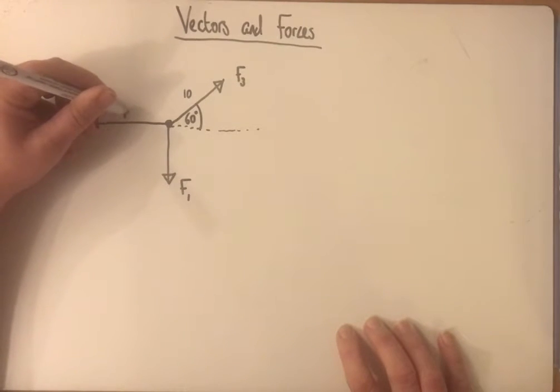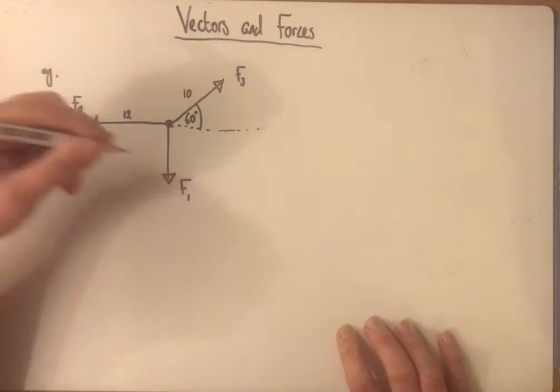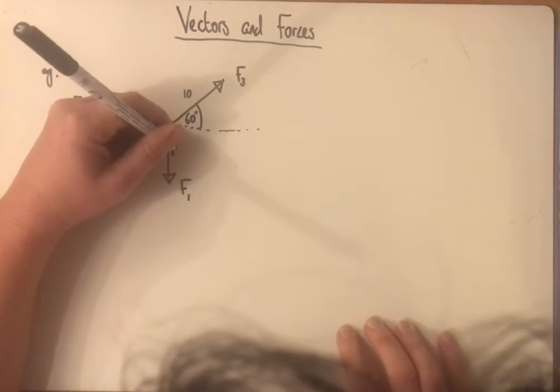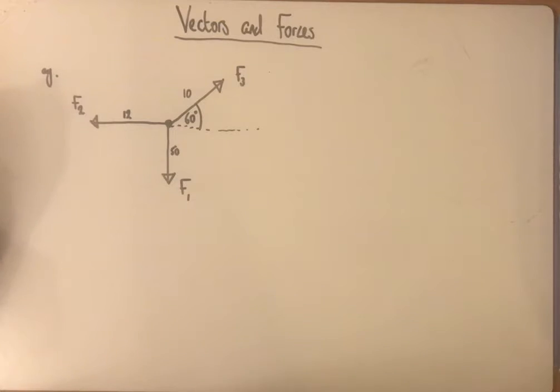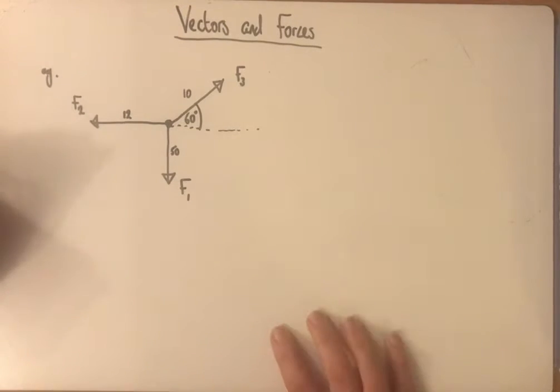F2 magnitude 12, and this really isn't to scale. F1 magnitude 50, and we want to find the resultant force.